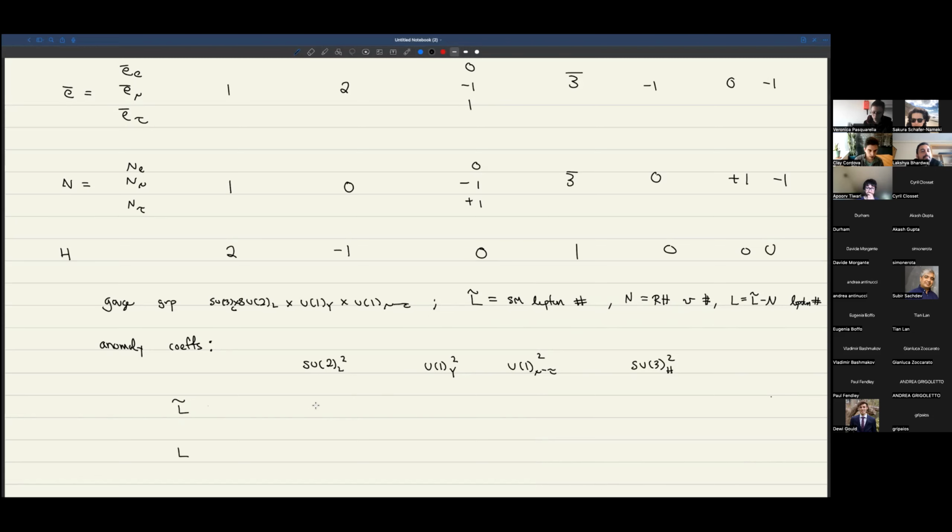For L tilde, the anomaly has one more column, which is U(1)_{Lμ−Lτ} U(1)_Y. That one is 0, but it won't be important in this discussion, so I'm not telling you about it because it's not interesting.